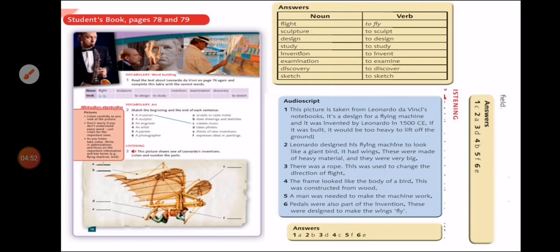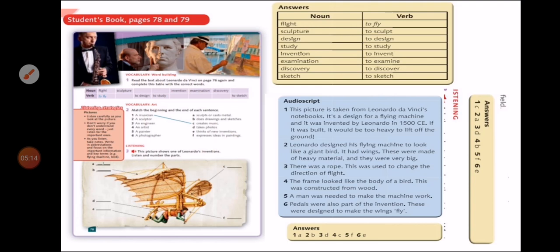These were made of heavy material, and they were very big. there was a rope. This was used to change the direction of flight. The frame looked like the body of a bird.